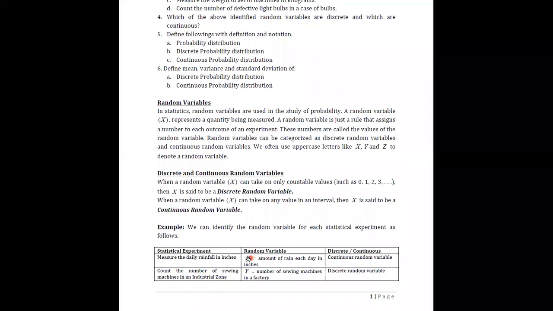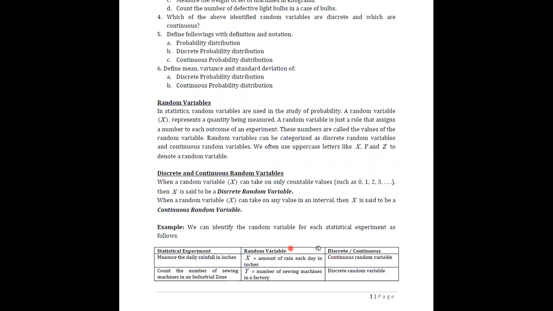Here I have let the random variable be x, and since you are asked to measure the daily rainfall in inches, what you need to identify is the amount of rainfall in inches. Therefore, it is the thing that you are going to measure: the amount of rain each day in inches.